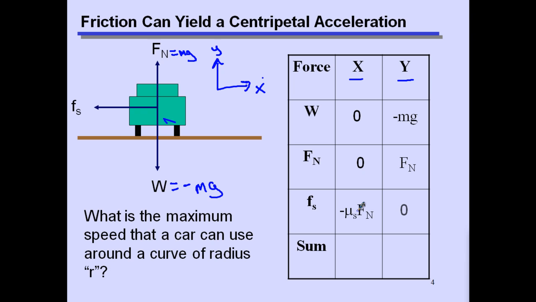And in the y direction, it's 0. So we add up all our forces in the x and the y direction. In the x, we know that because of Newton's second law, it equals mass times acceleration in the x direction, and in the y direction, it's going to be 0 because it's not going up or down. These forces balance each other out and they cancel each other out.